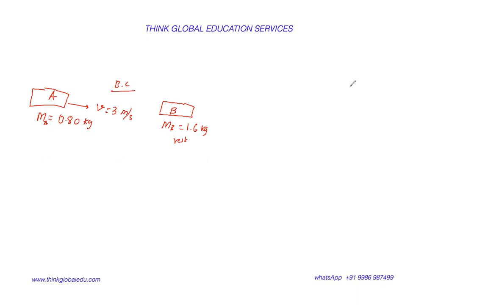And as we discussed in the previous videos, when two objects collide, when one of the objects is stationary, the objects will stick together and move. So after collision, trolley A sticks with trolley B and they are going to move.